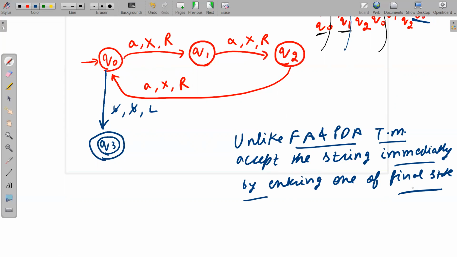I have written immediately, which should be obvious, but let me write it properly also. Regardless of whether the entire string has been read or not.